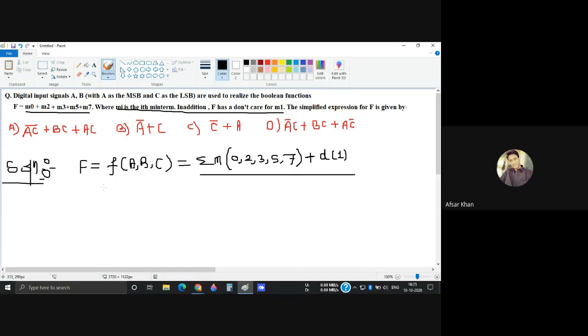Then we can draw the K-map. So the K-map will be 2 by 4 because here there are 3 variables, right? 3 variables means 2 to the power 3, that is total 8 terms. So a 2 by 4 K-map will be there. Then we'll write the expression for this.